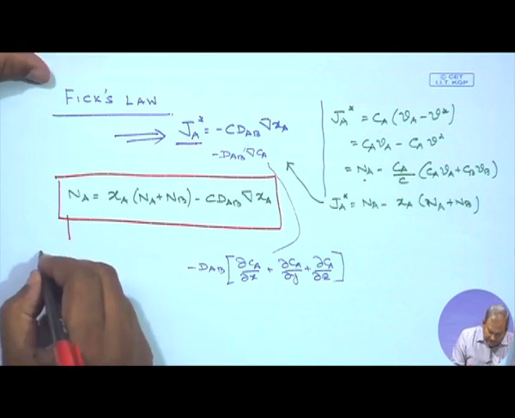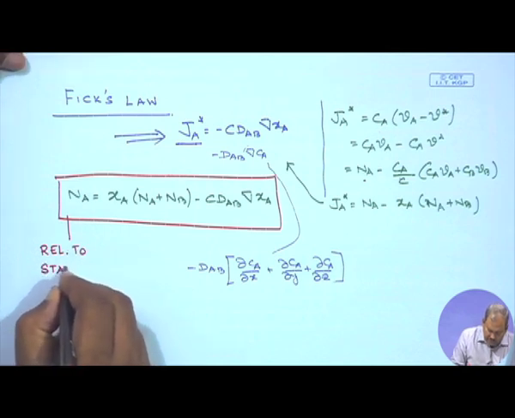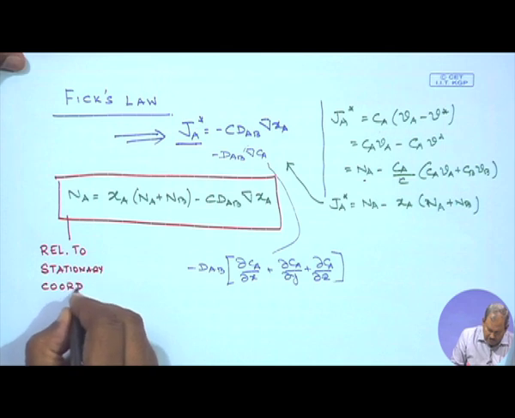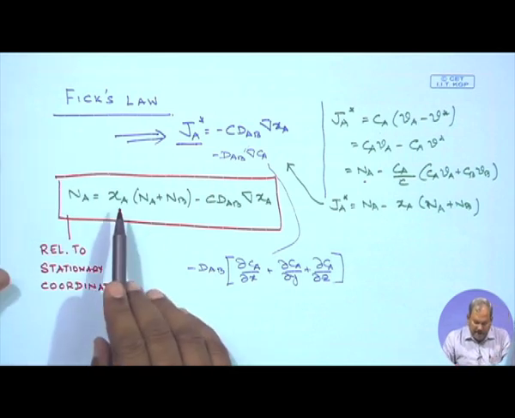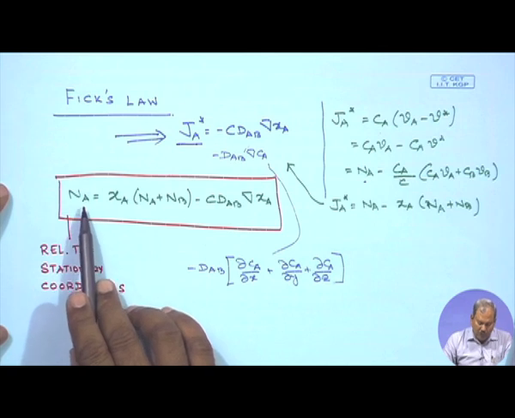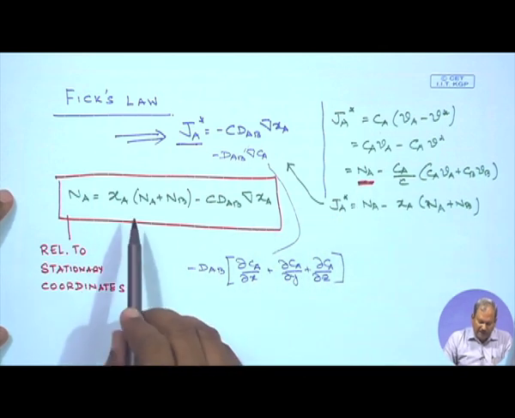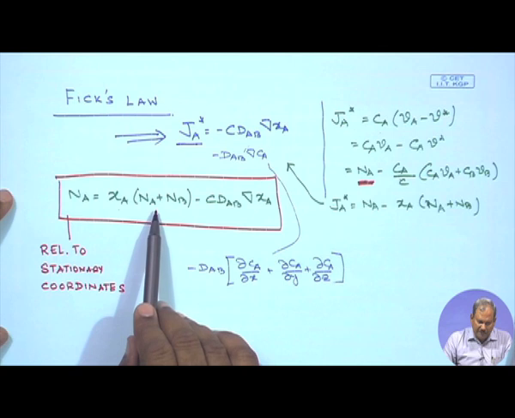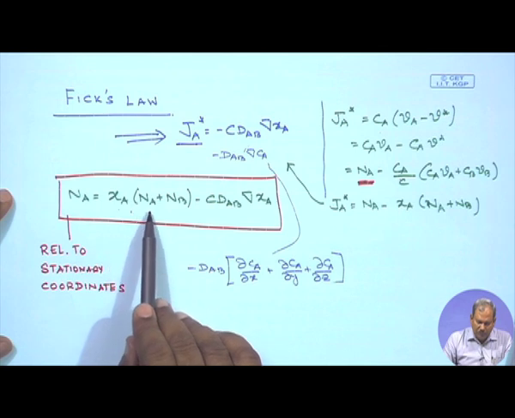So this Na is relative to stationary coordinate, and what it tells is that the molar flux of component A relative to stationary coordinates is an algebraic sum of xa times Na plus Nb, where xa times Na plus Nb is the flux due to the bulk motion of the fluid.